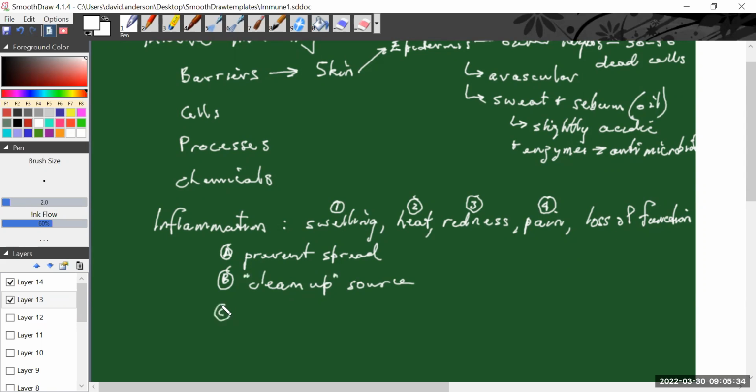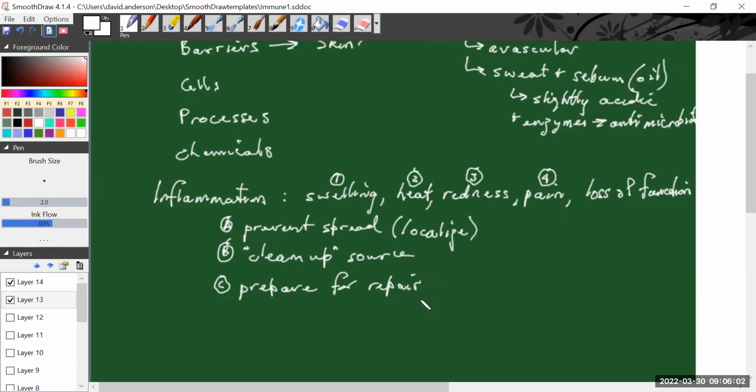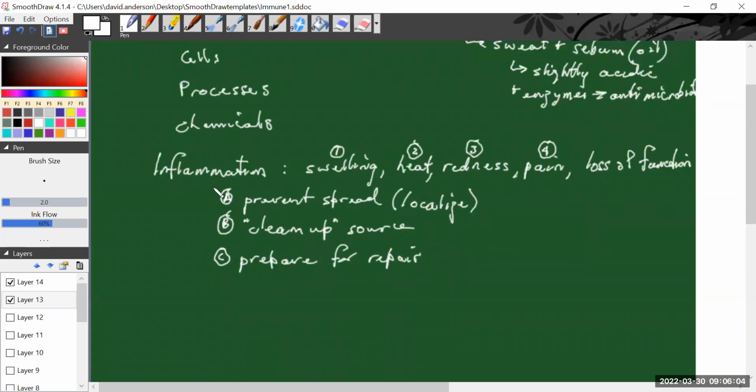And the third advantage is that we're going to prepare, so this is otherwise known as localizing. And the third thing is we're going to prepare for repair. A nice little poetic line there, prepare for repair. So we like inflammation for all these reasons.